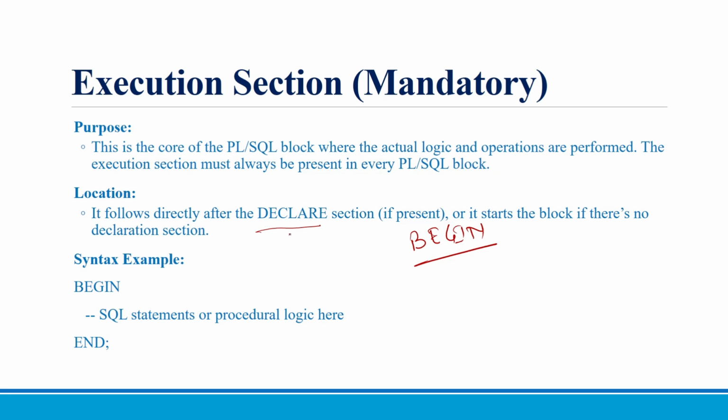If you have some variable initialization, then you have the declaration section. If you don't have any declaration section, then the first section will be begin. That is quite fine, and it will terminate with the end keyword. The basic syntax is begin, then all the procedural logical code, and then end.